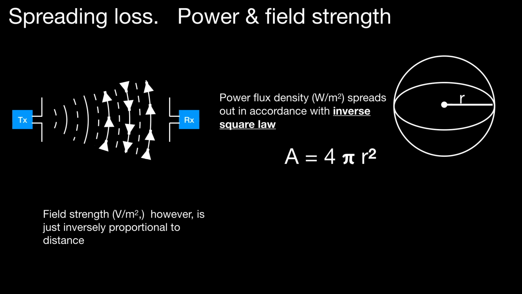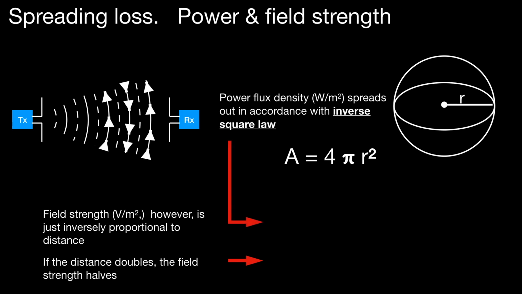In the exam, if you're asked one of these questions, make sure you note whether it's power flux density in watts per meter squared, in which case it spreads out in accordance with the inverse square law, or whether it's field strength in volts per meter, which is simply proportional to distance. So if the distance doubles, the field strength halves.